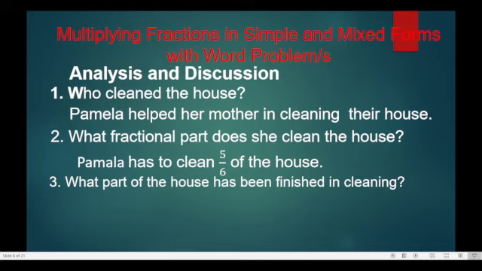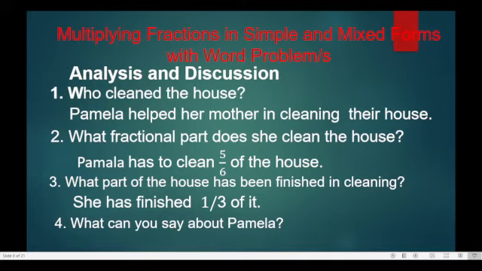And what part of the house has been finished cleaning? So Pamela finished 1/3 of it. What can you say about Pamela? Perhaps she is diligent, obedient, courteous, industrious, helpful. So anything that will describe Pamela.